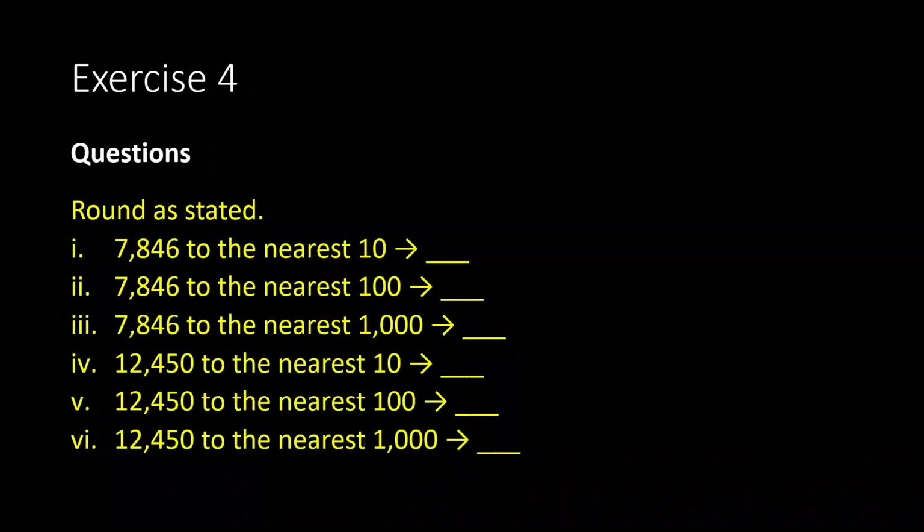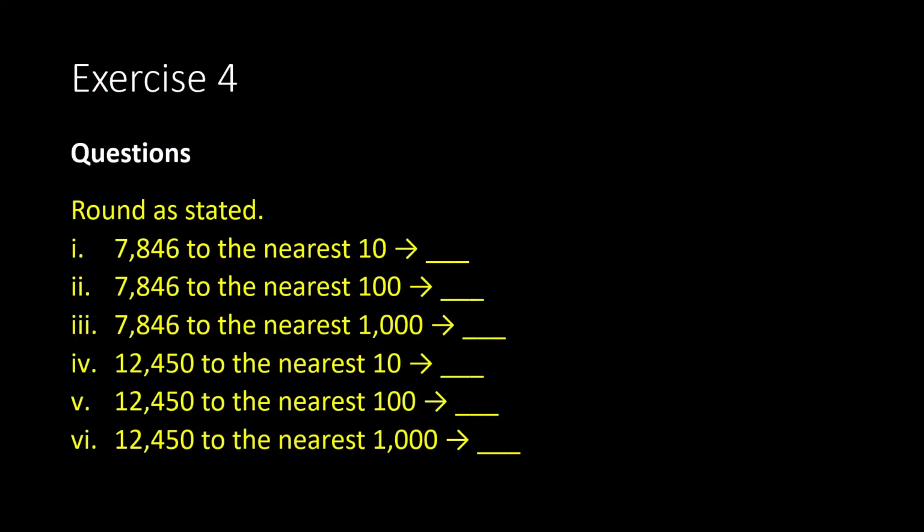Now pause the slideshow and have a go at these exercises. The same number can round differently depending on the place requested. The solutions will be released one at a time, so you can check your answers as you go along. Pause the slideshow whenever you need to.